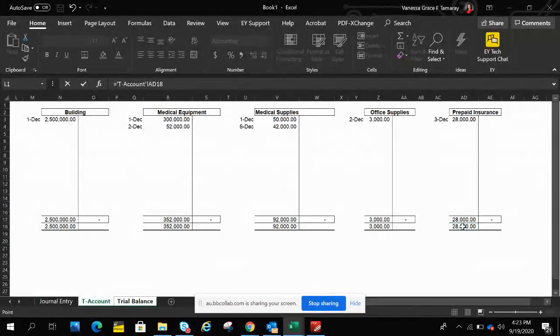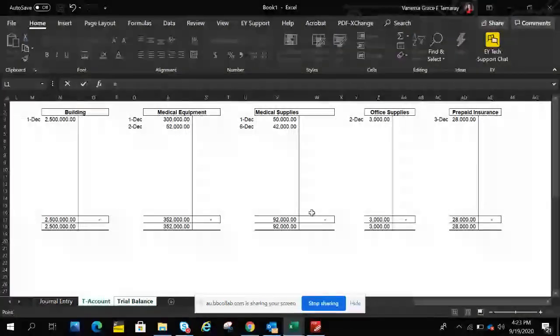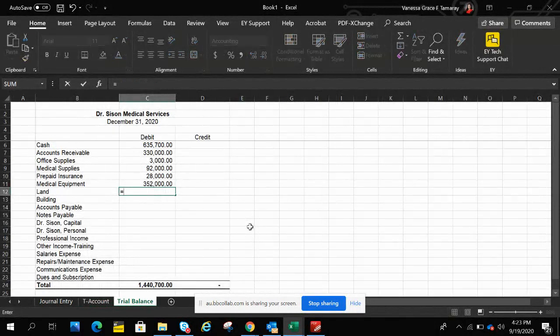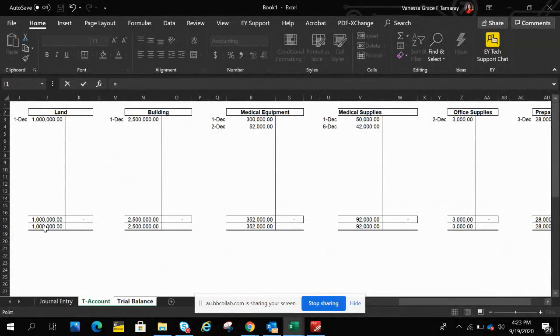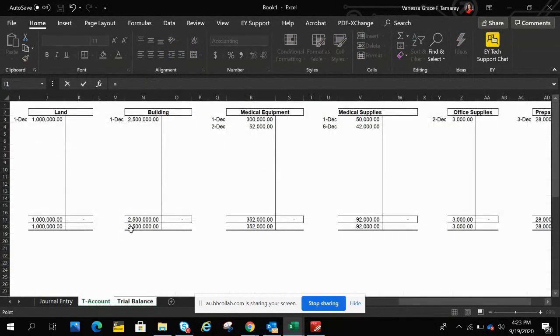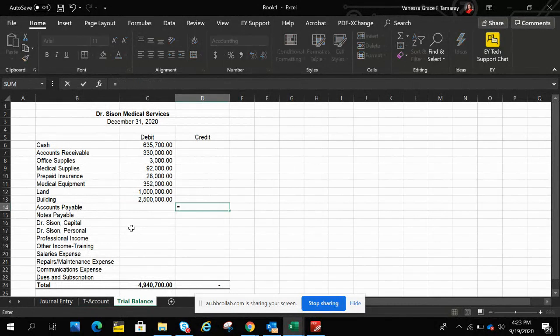Then, prepaid insurance. Then, medical equipment, 352,000. And then, land, 1 million. And then, building, 2,500,000. Okay. Next, accounts payable naman, credit na yan.